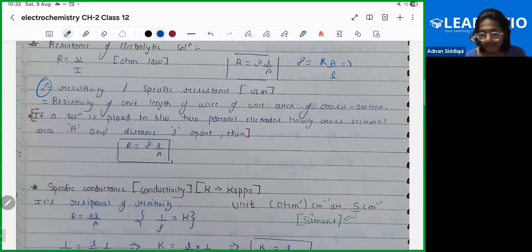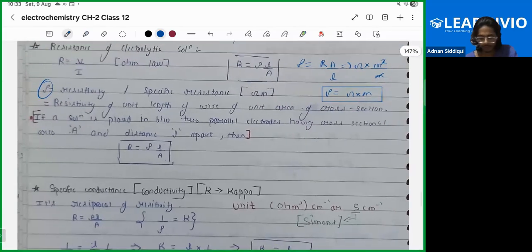Meter square. What is the SI unit of resistance? Ohm. Multiply by meter square and divide by length, which is meter. So this is how you get the SI unit of resistivity, or specific resistance. Is it clear?